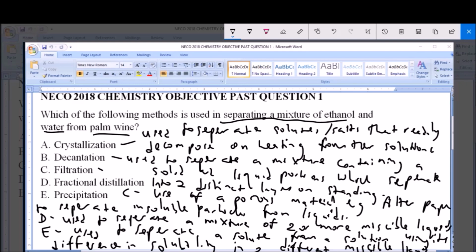Okay, so from this now, the mixture of ethanol and water and palm wine are all miscible liquids. Ethanol and water are miscible liquids.